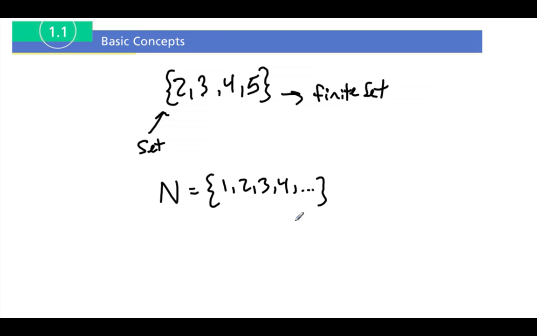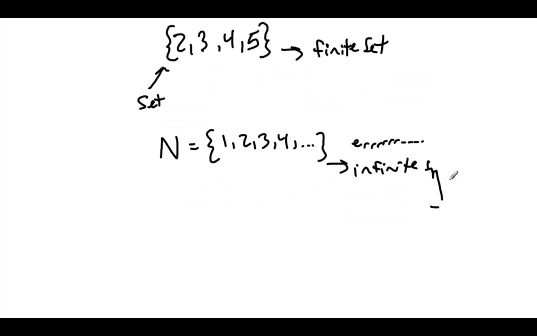The dot, dot, dot means that it goes on forever. So this right here would be an infinite set.